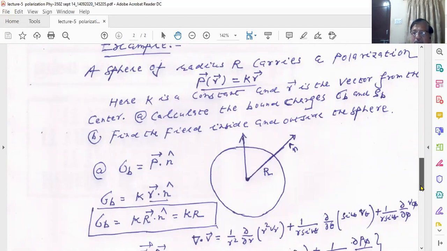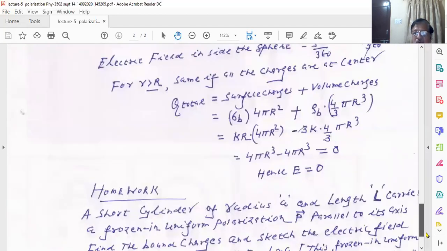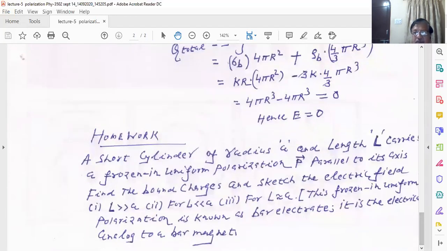Once you know these two problems, I am giving you this problem for homework. You have a very short cylinder of radius small a and length L, which carries a frozen-in uniform polarization vector P parallel to its axis.